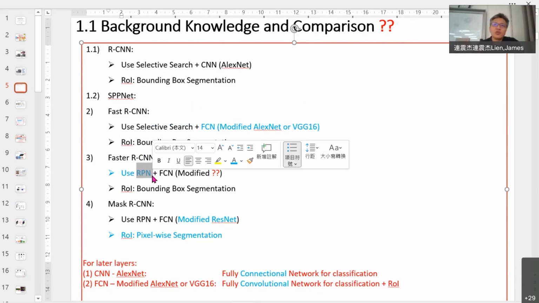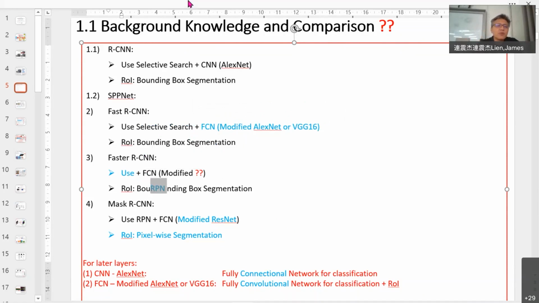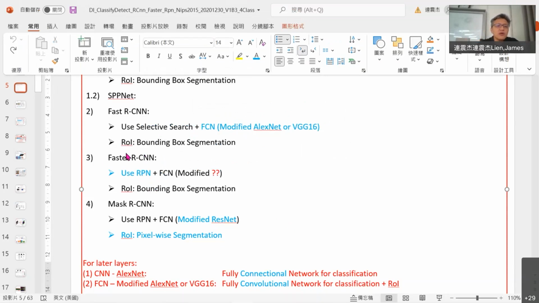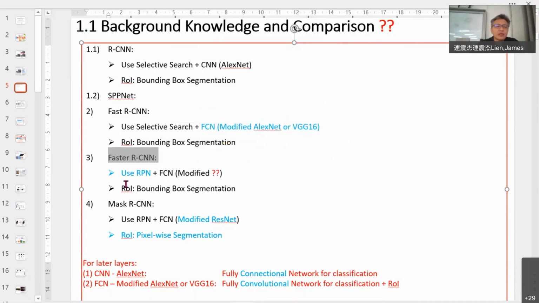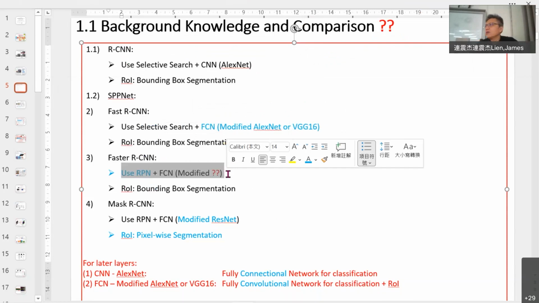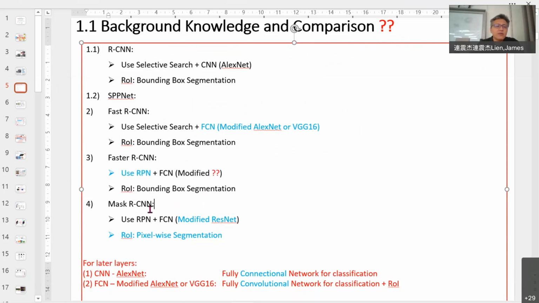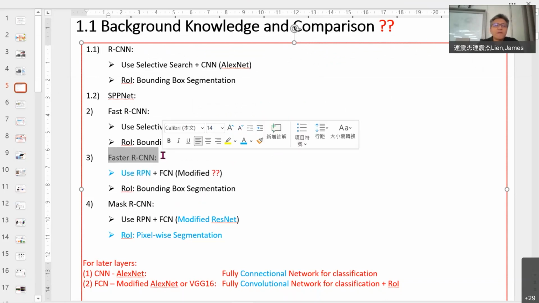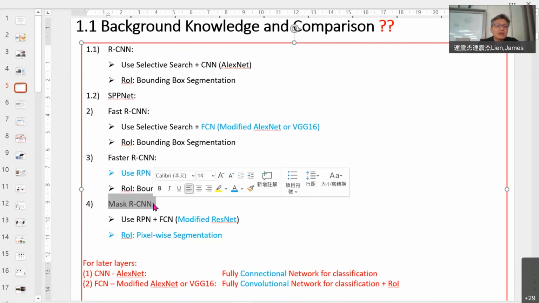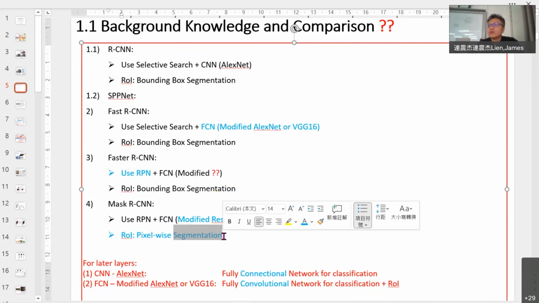ROI is the region of interest, the object you want to detect. So this one is a complete deep learning network. And this one is for detection and classification, and Mask RCNN is for segmentation of the object.